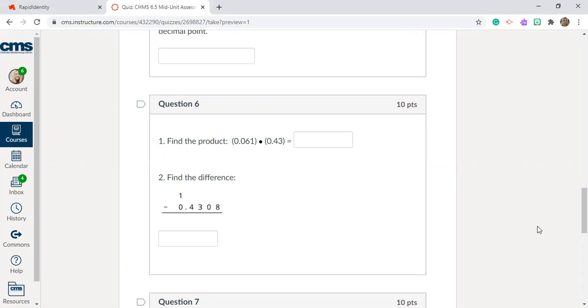Part 2 of question 6, find the difference. Okay, so you're going to subtract 1 minus 4,308 10,000ths. Go ahead and pause and do the work in your notebook.